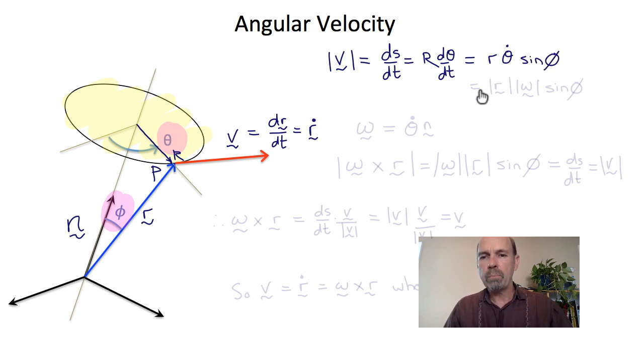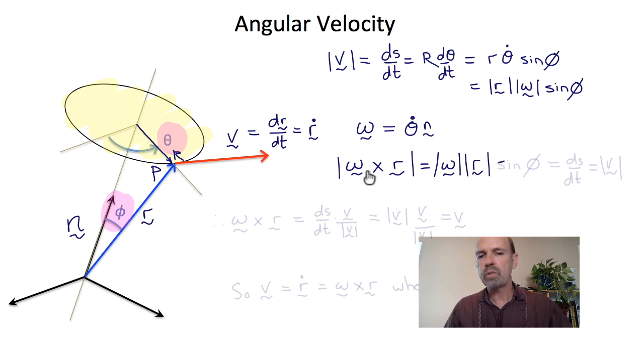where little r is the magnitude of the position vector r, and theta dot is the magnitude of the angular velocity vector omega. So the magnitude of the velocity equals the magnitude of the radius times the magnitude of the angular velocity times sine of phi, where the angular velocity vector has magnitude theta dot and direction n.